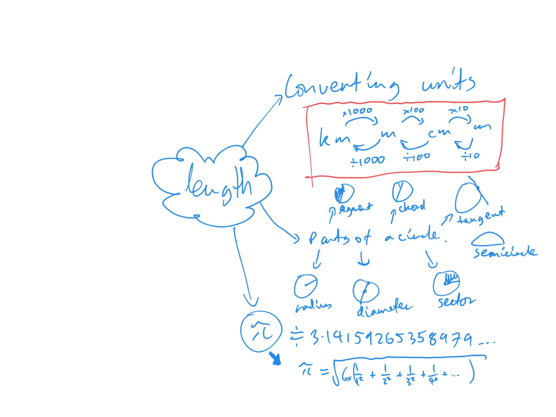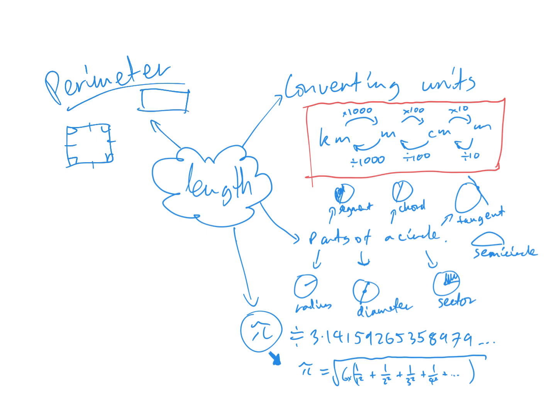What else did we do? The big thing that we did, which is why we had to go look at pi, was we did perimeter, which was the length as you go around something. We did perimeter of squares and perimeter of rectangles.